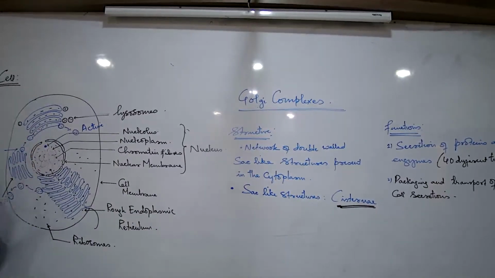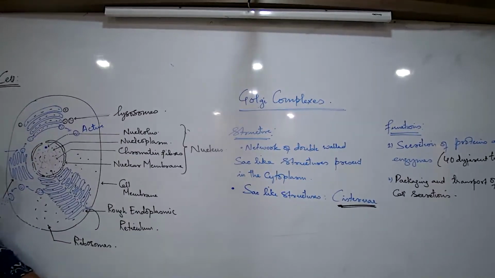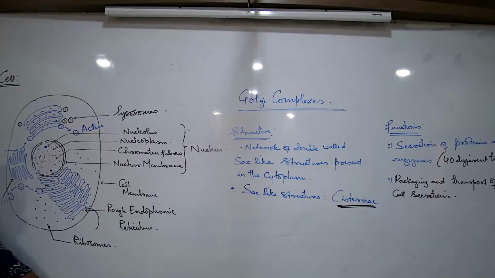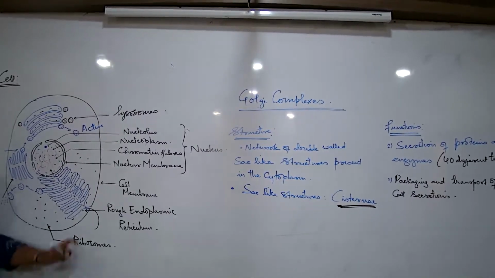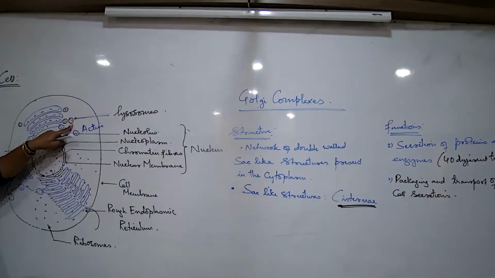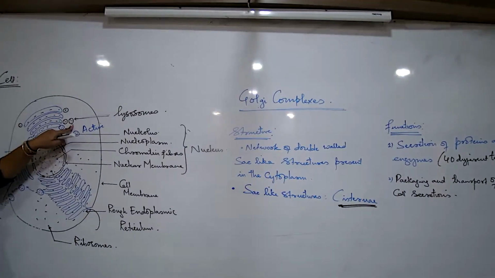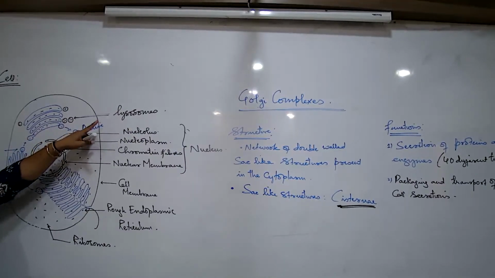Out of these, one or two types of enzymes are very strong. Those enzymes are known as digestive or hydrolytic enzymes. So the vesicles which contain the hydrolytic enzymes will be called lysosomes.